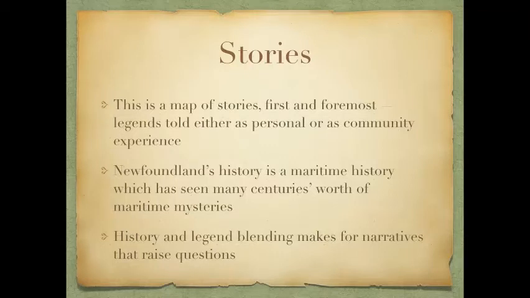This is a map of legends that are either personal experience or community experience, things that are told as something that really happened to someone. So a lot of personal experience narratives and what are called memorats, as well as stories that have been passed down in a community or have been part of a community for a very long time.